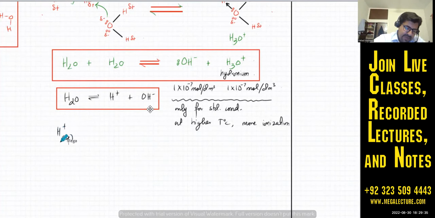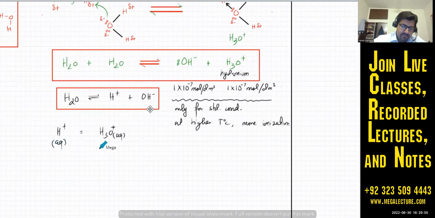So H plus aqueous, as you used to say, from now on is actually H3O plus aqueous. That's your hydronium ion. But you can still call it H plus aqueous. It doesn't really make a difference.